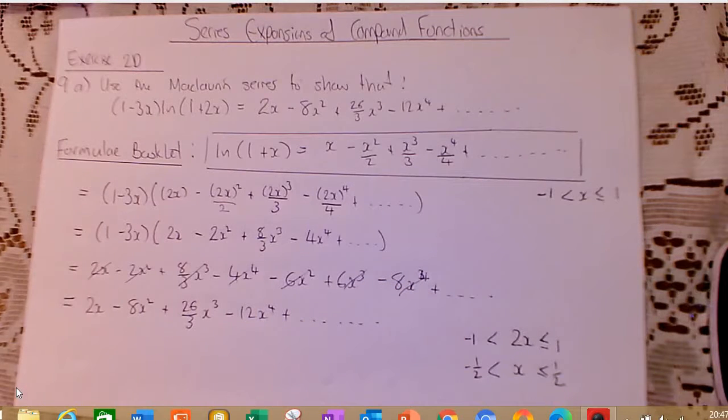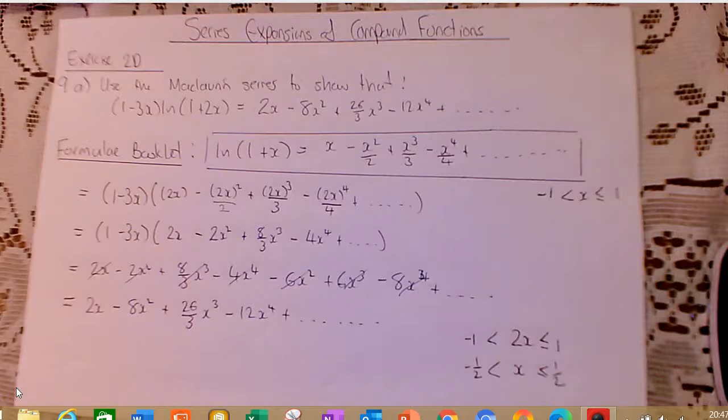There's a couple earlier in the chapter where you've got to be careful on the validity. I think I remember it was question 1F. So have a look at how you do 1F. There's a clue in the question where you've got ln of 2 plus 3x and you have to worry about the validity.